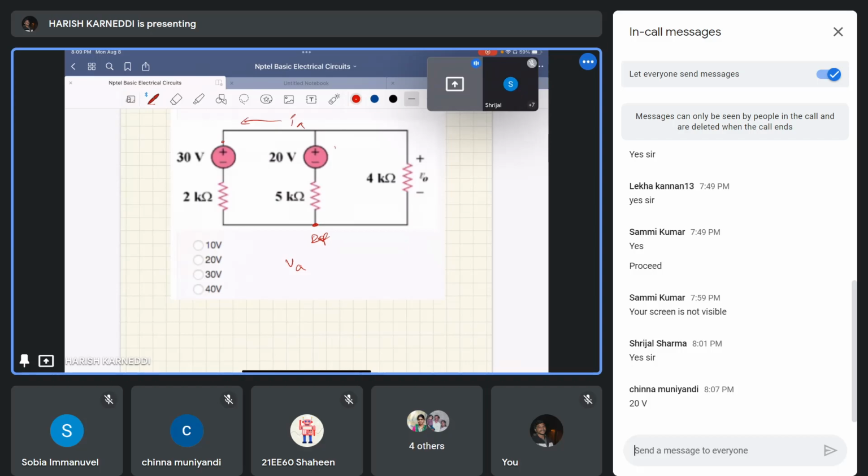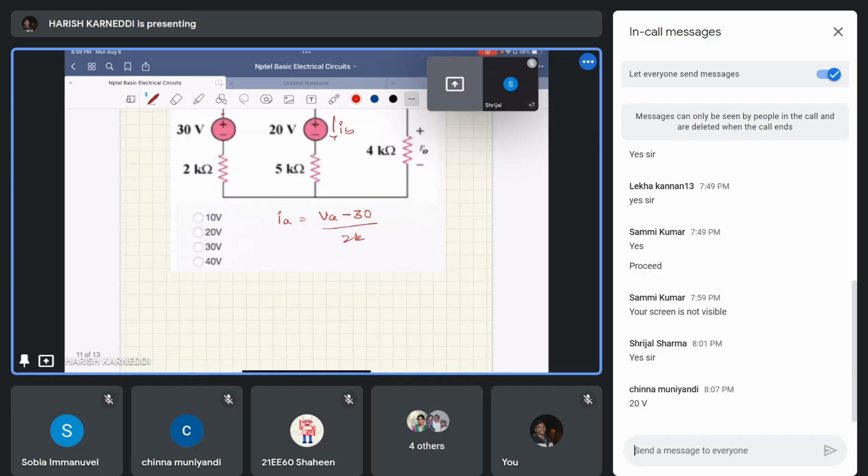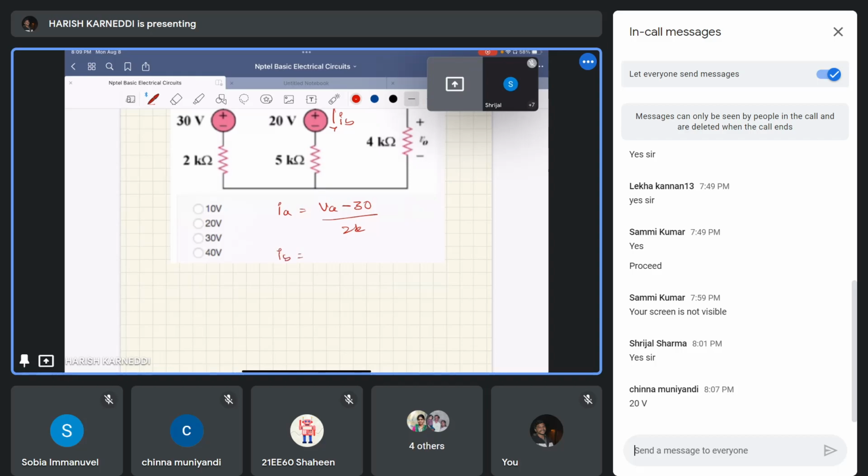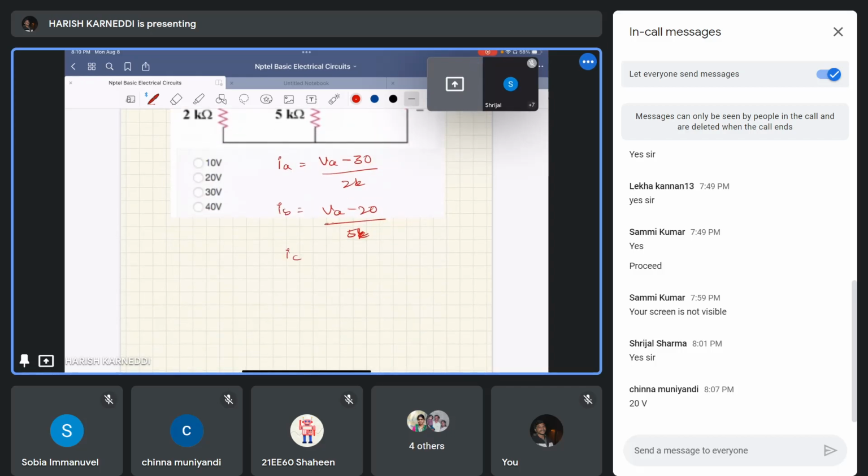This is IA, this is IB, and this is IC. I'm directly writing these equations. IA equal to the node voltage VA minus 30 by 2K. Then IB equal to VA minus 20 by 5K, and IC equal to VA by 4K.